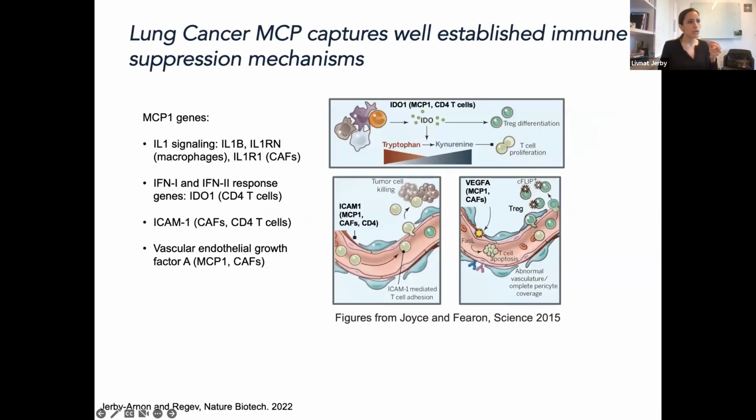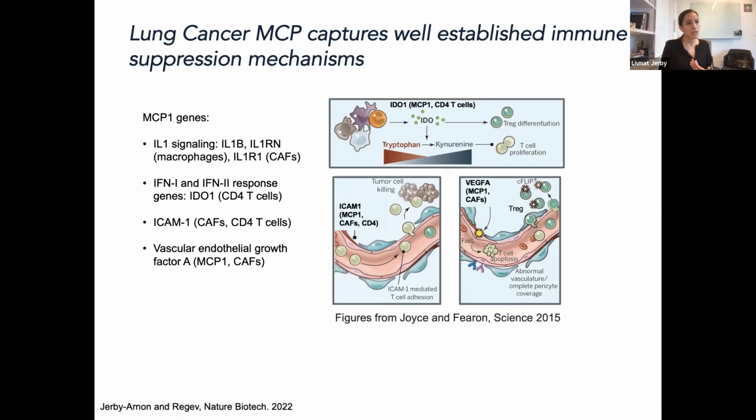And so when we zoom further into the MCPs that we identified in lung cancer, we see that they capture well-established immune evasion mechanisms. And it's funny because I just took this picture from a wonderful review that was published back in 2015, where they did sort of a survey of the different immune suppression mechanisms in the tumor microenvironment.